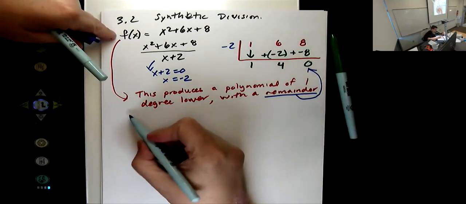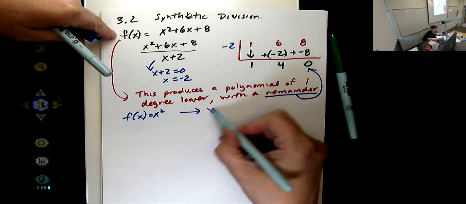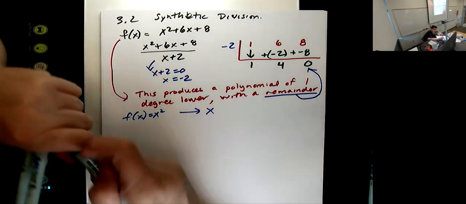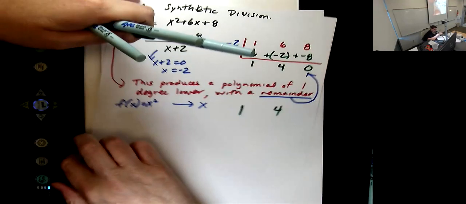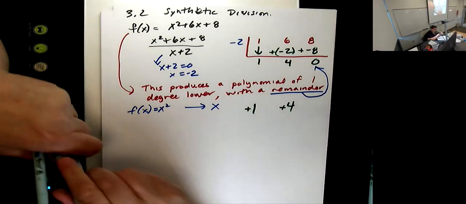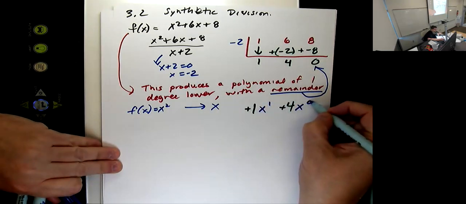So f of x had x squared, so this drops down to x. That 1 and that 4 are both positive, so +1, +4. This gets the x to the 1, this is like x to the 0.